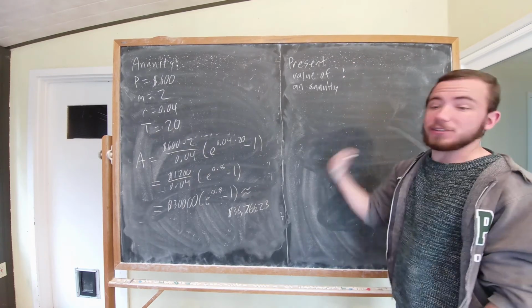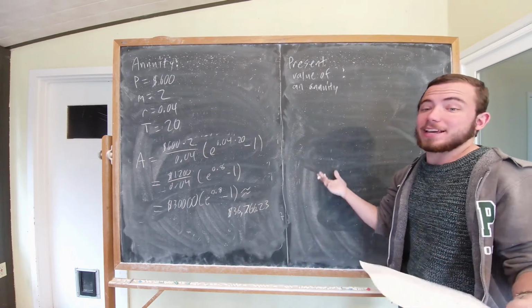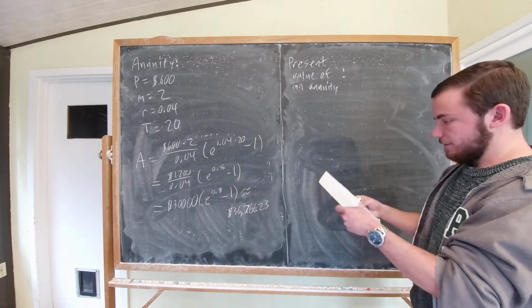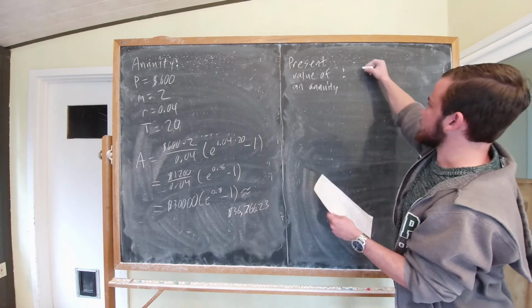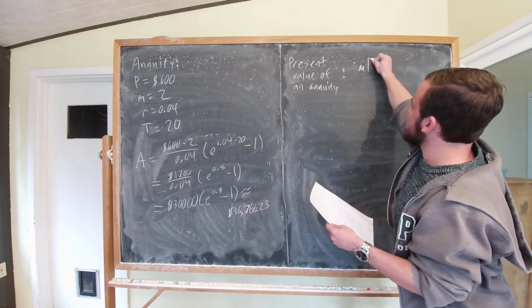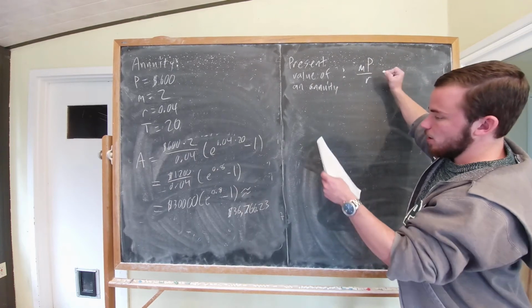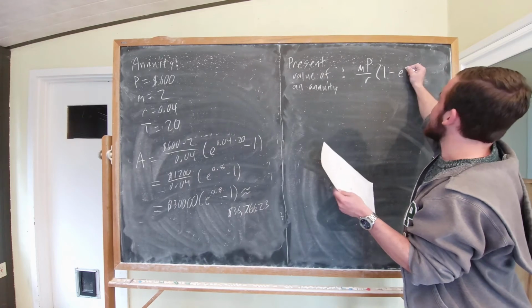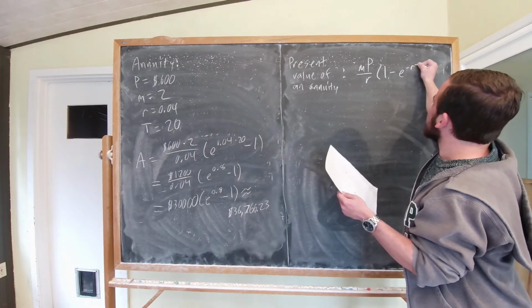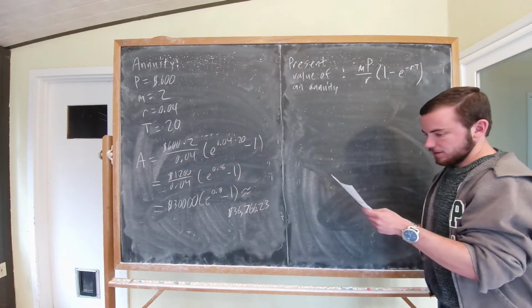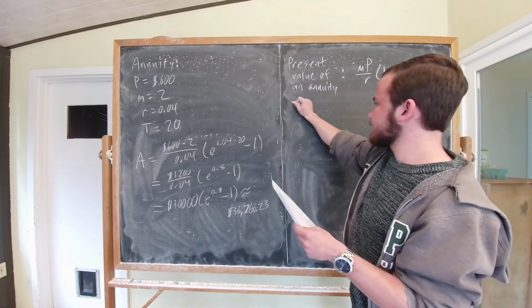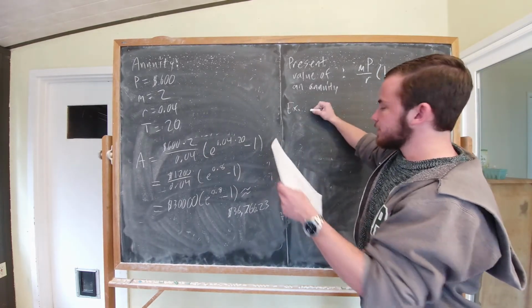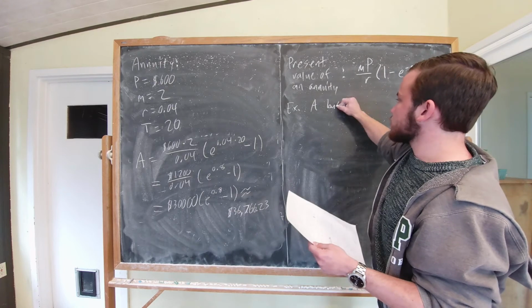The only real difference is you aren't multiplying by e to the negative rt in the front. And for that reason, you're going to get that the present value will be mp divided by r times 1 minus e to the negative rt at the end.